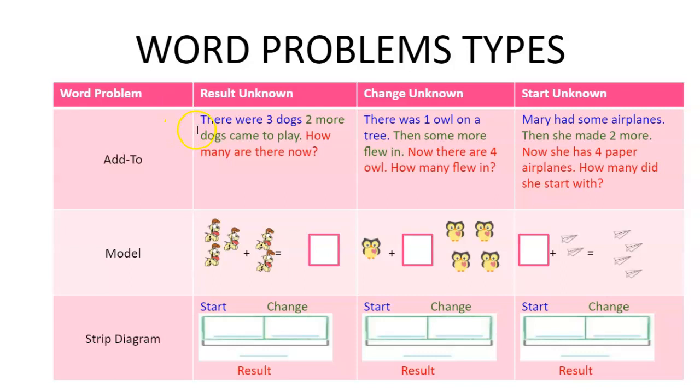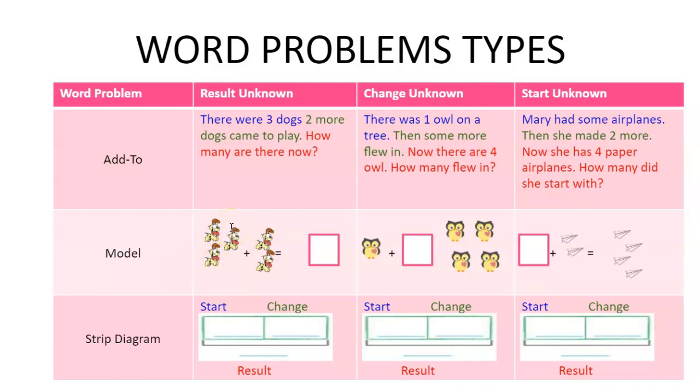Let's read it together. There were 2 dogs and 2 more dogs came to play. How many are there now? So if you listen to the story, the start, which I marked in blue, there was 3 dogs. So here are the 3 dogs that we started with.